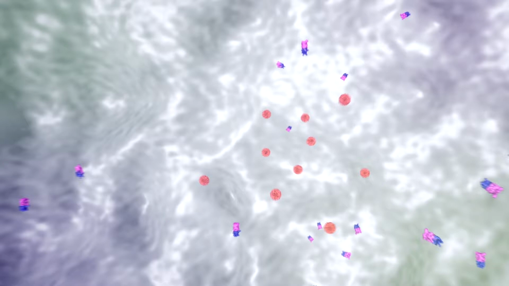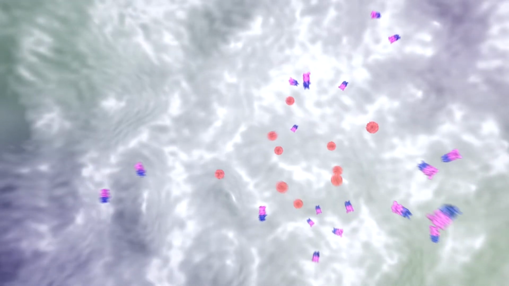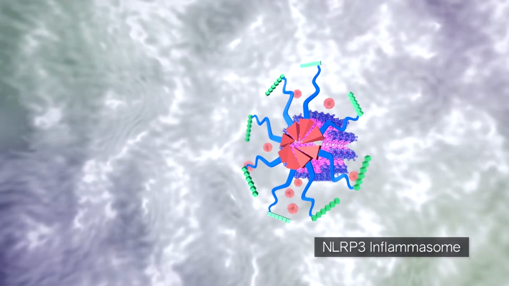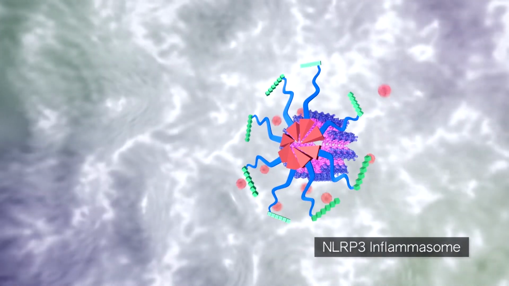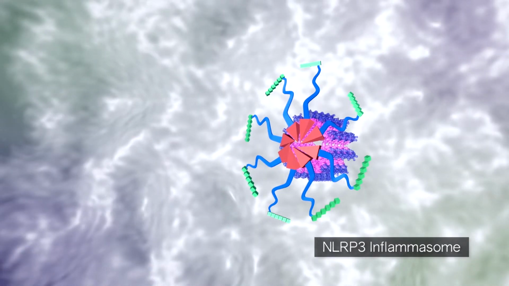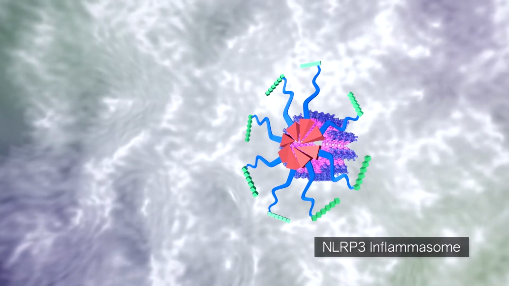One of the enzymes, cathepsin B, initiates the assembly of the NLRP3 inflammasome. The assembled NLRP3 inflammasome activates cleavage of inactive procaspase 1 to active caspase 1.